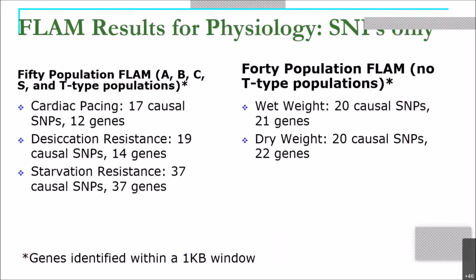But if that's not the case, then FLAM will give you an ability to identify the most obviously contributing genetic loci. This is no guarantee there aren't. In the case of starvation resistance, for example, shown here, where we've got 37 pretty good implicated genes, that doesn't mean there aren't 100 other genes of very, very small effect. They might well be there, but those 37 genes having a very large effect on that phenotype.